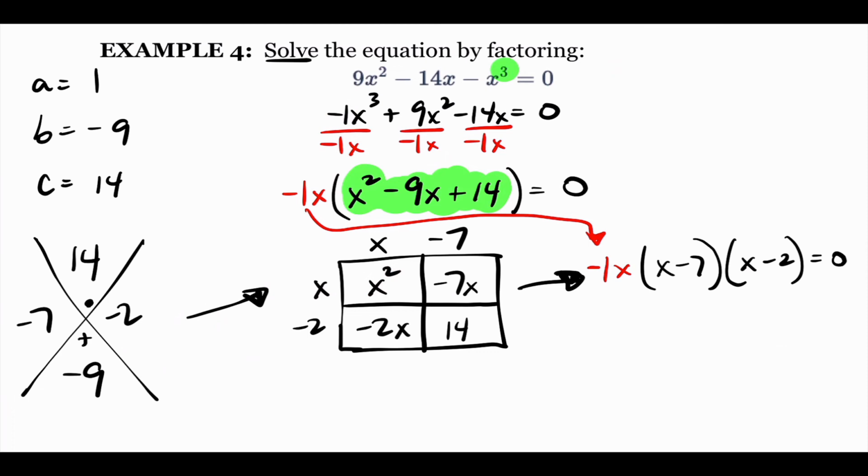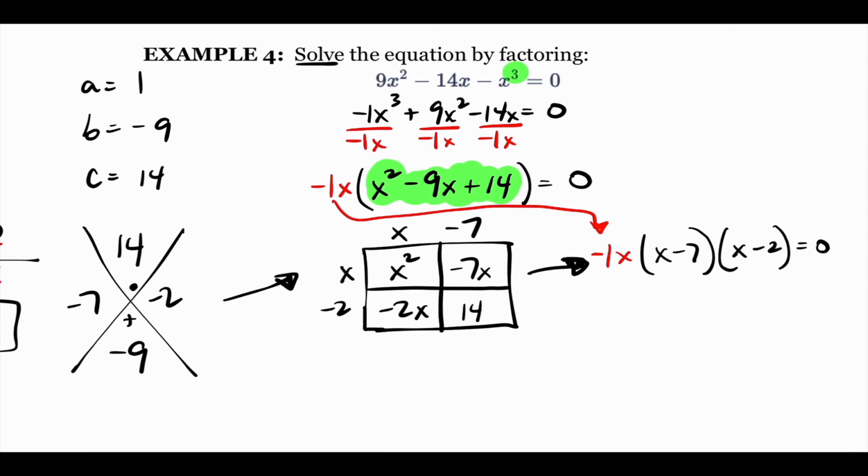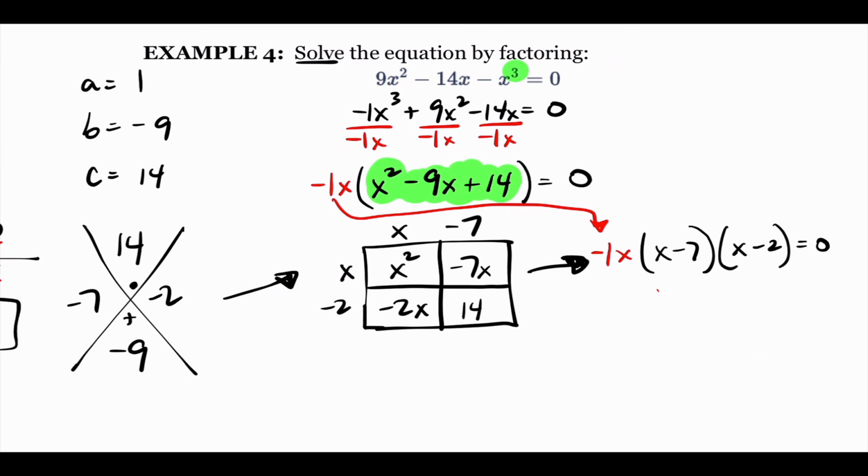Now the new step, because it says solve, I have 3 factored terms. This guy, this guy, this guy. So I'm going to separate each of them and set them equal to 0.